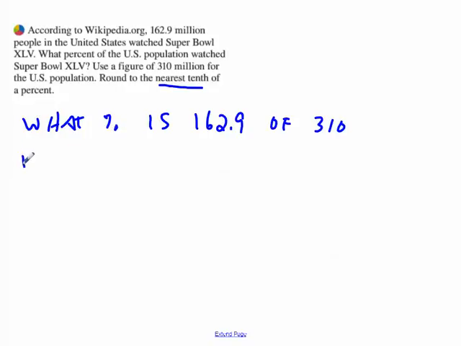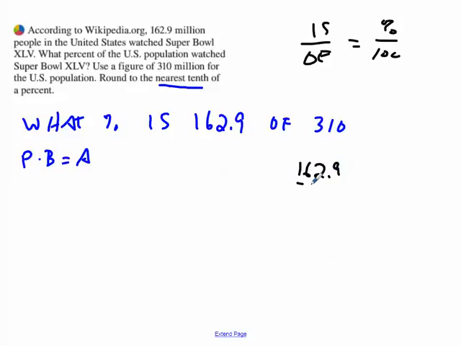We can use the P times the B equals A, or we can use the is to of as percent is to 100. Here's my is to of as percent is to 100. I'm going to use the black to start with. Is would be 162.9, of 310, equals percent to 100.